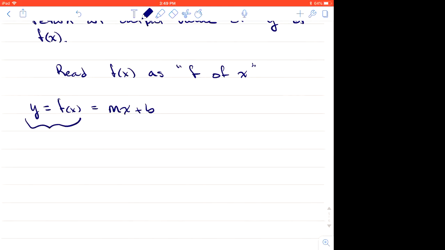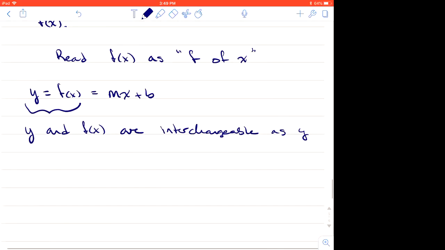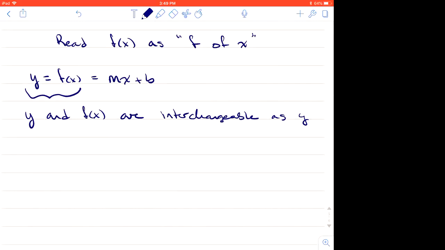I'll just make a note here. y and f of x are interchangeable as y requires a value of x to be solved.